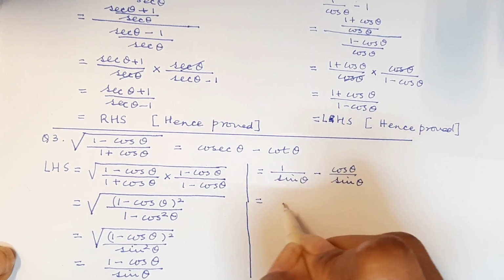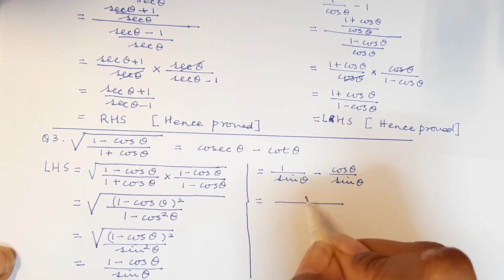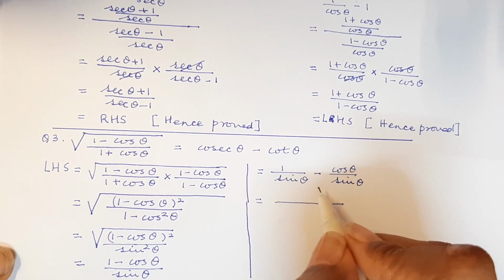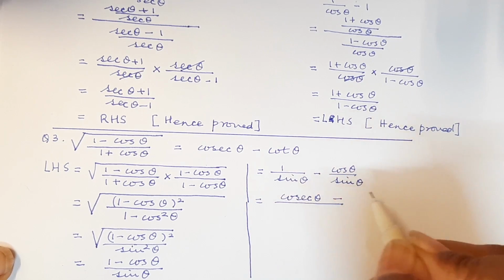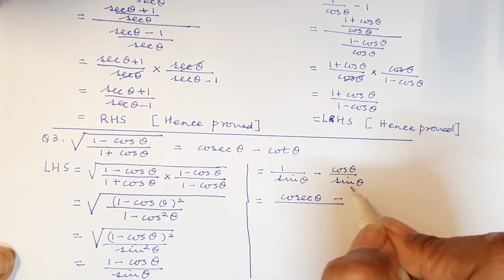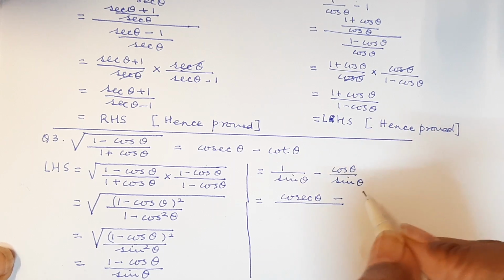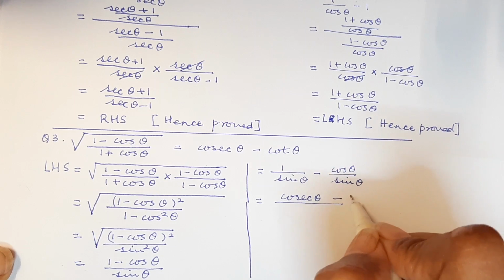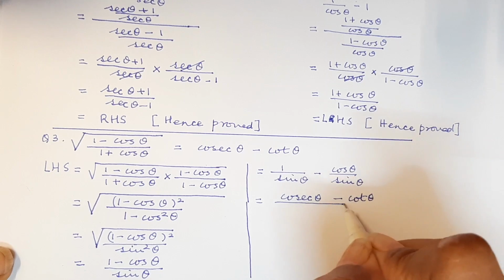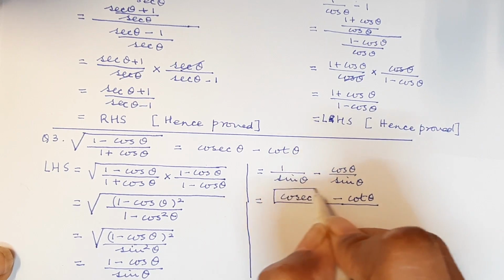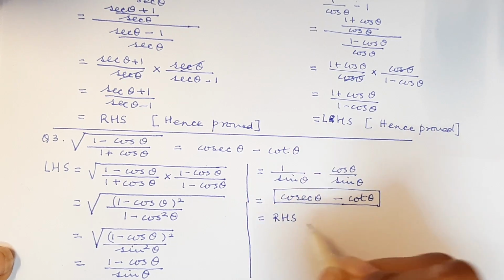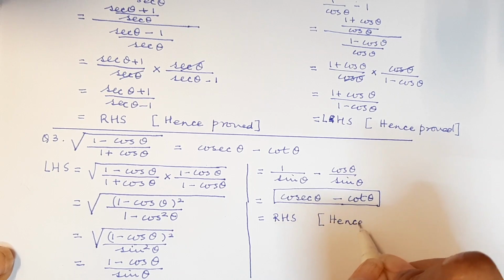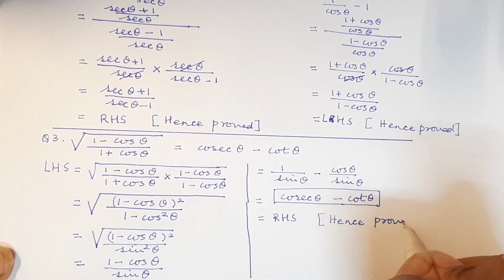And that would give us 1 upon sine theta as cosec theta minus cot is cos upon sine. Can you see that we got cos theta upon sine theta, which is cot theta, and so we have got this, which is our RHS. Now when it is our RHS, we have proved what we had to prove, and so we write hence proved.